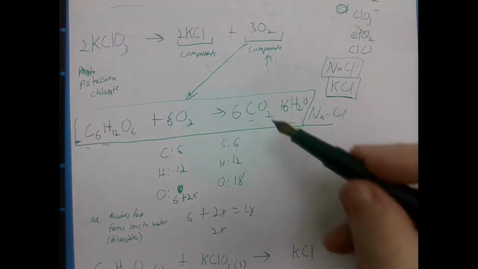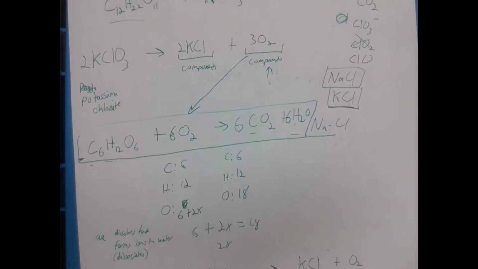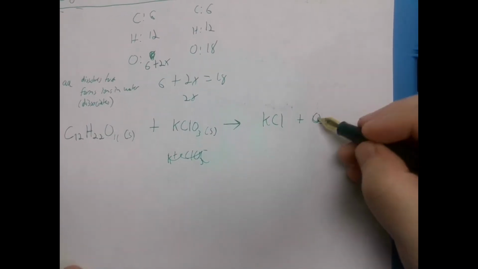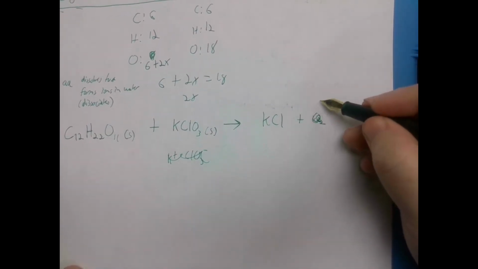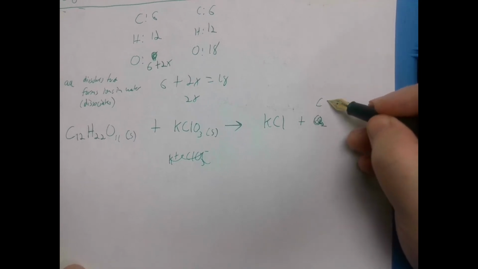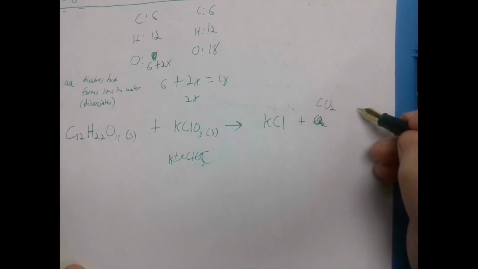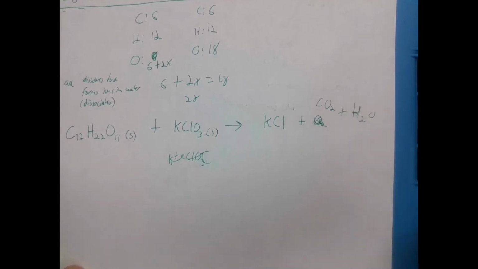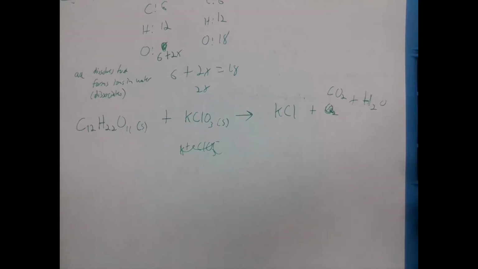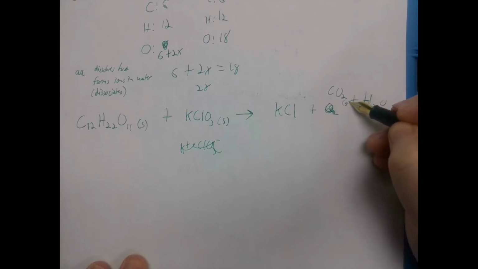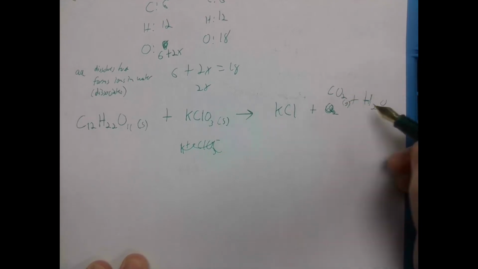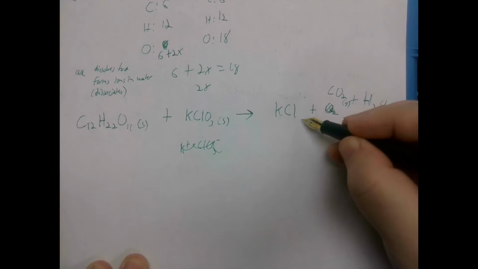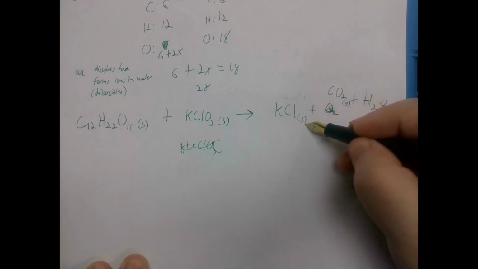So it doesn't exist on the right-hand side of the equation. We get CO2 and we get H2O, which would be a gas, and this is a liquid, and this is a solid.